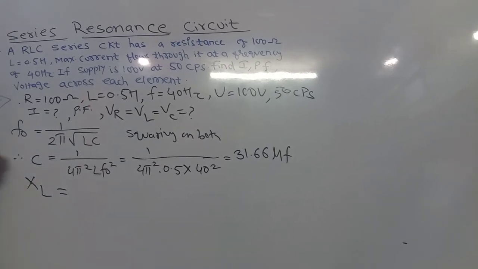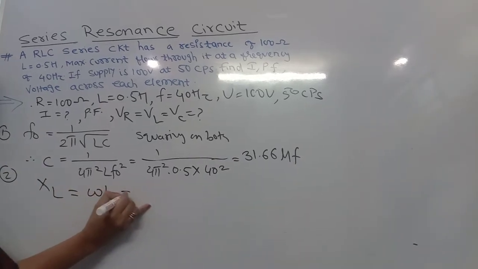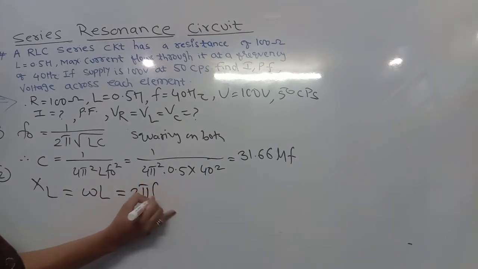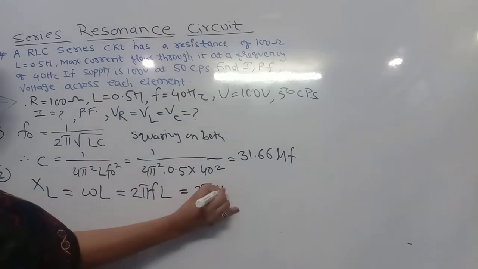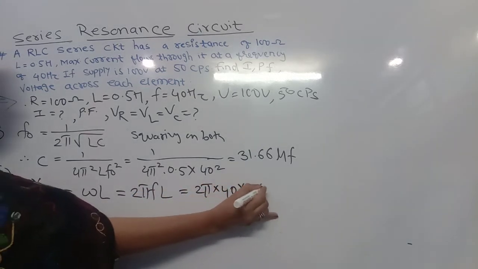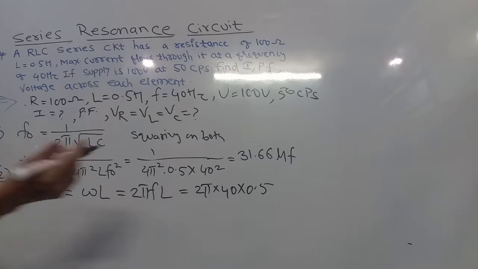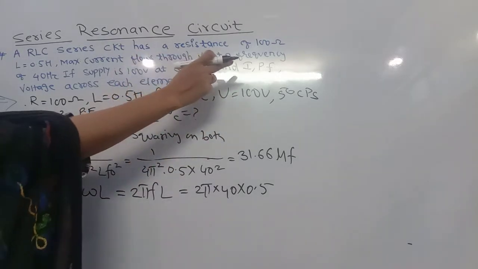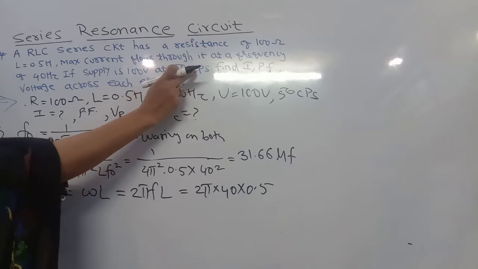The inductive reactance can be calculated as XL is equal to omega L, and we know that omega is 2 pi F, and L remains as it is. Especially they mention the condition that the supply is 100 volt at 50 cycles per second.